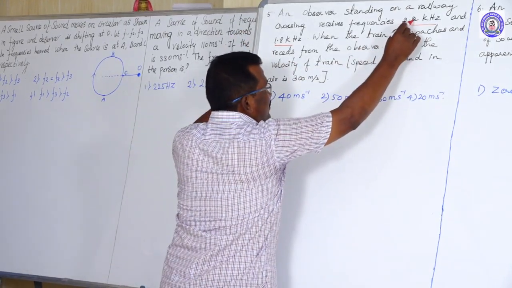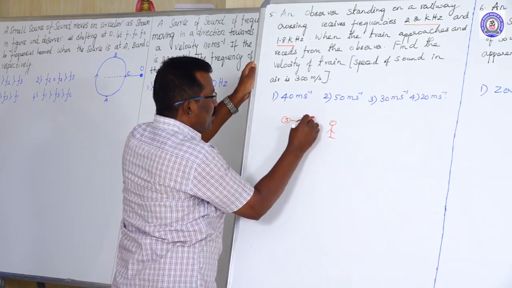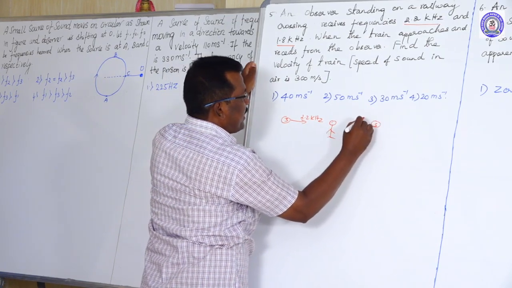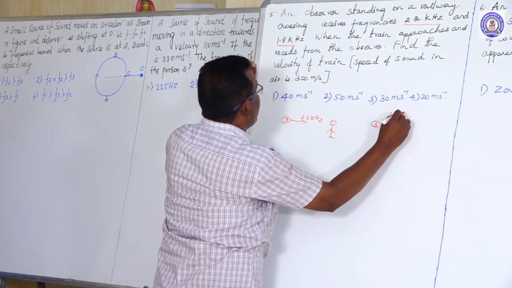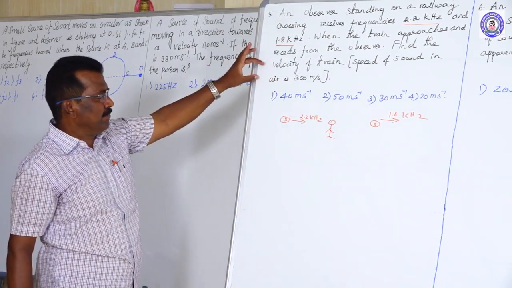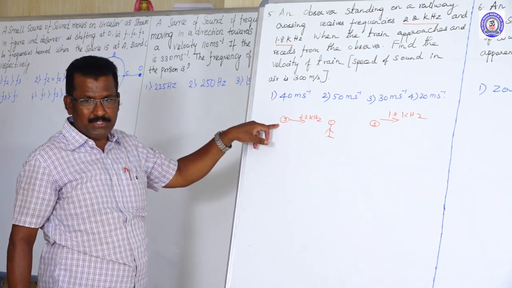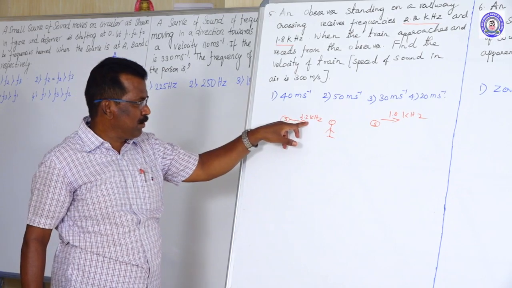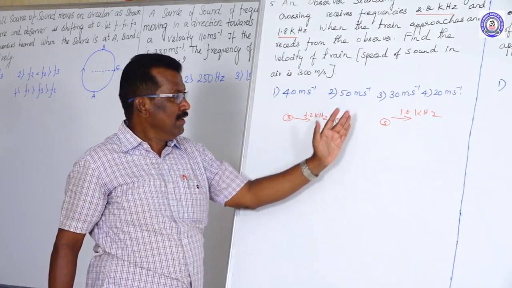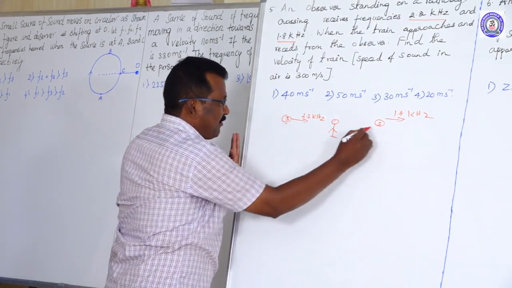When the train approaches, it is 2.2 kHz. When the train recedes, that means moving away, it is 1.8 kHz. Find the velocity of the train. The train is the source, and it emits sound with frequency 2.2 kHz when approaching the observer standing on the platform, and 1.8 kHz when moving away. What is the speed of the train?